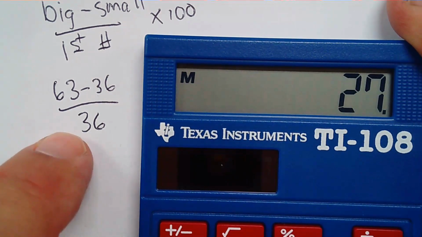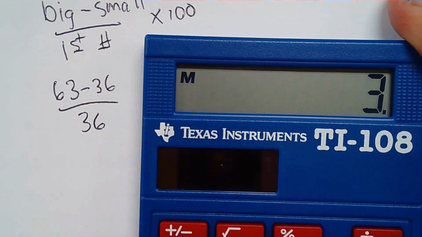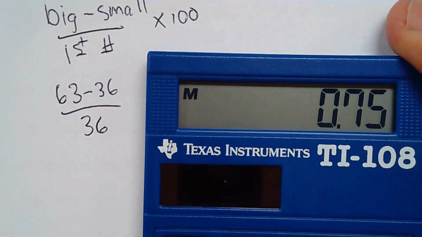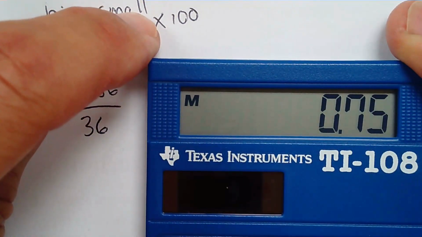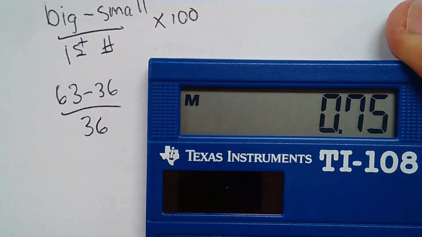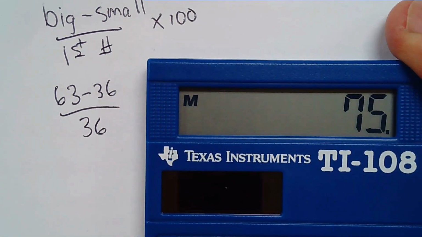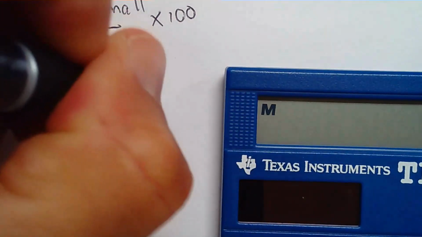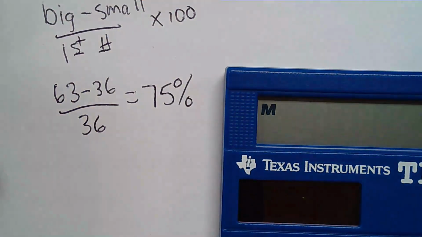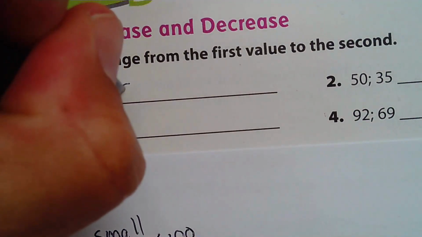And then I divide by that first number, 36, and it is 0.75. Now that's 0.75, but we have to multiply it by 100 to express that decimal as a percent. So times 100, and it's 75%. So it equals a 75% change.